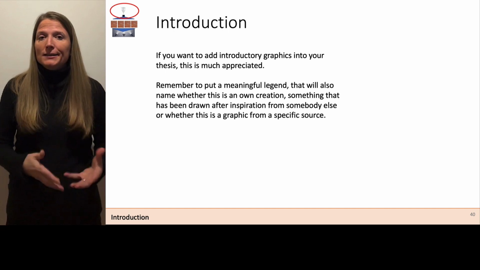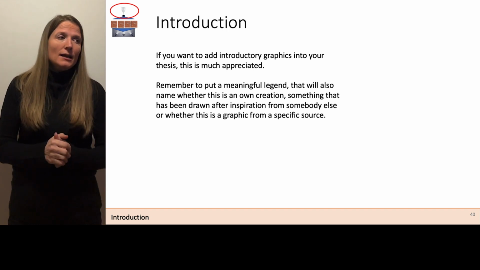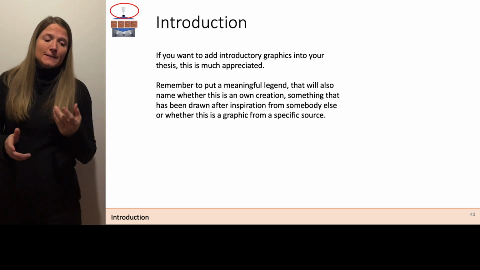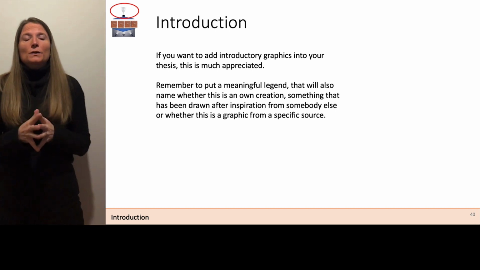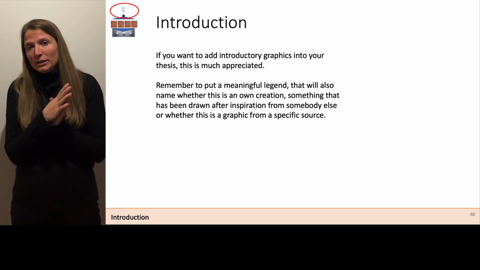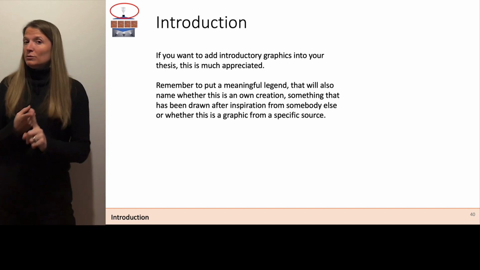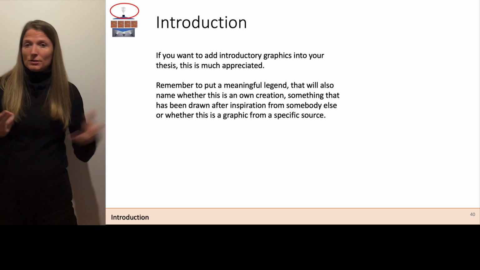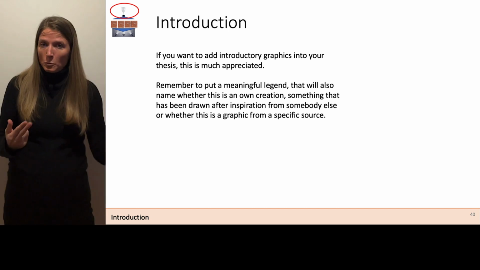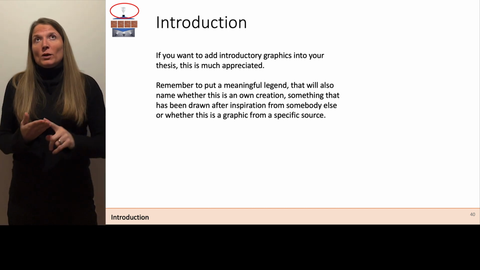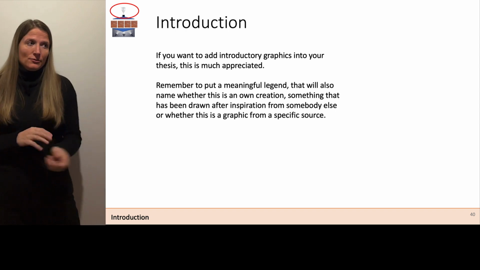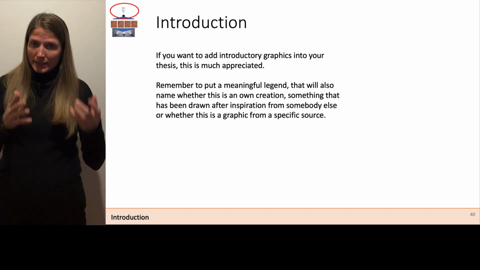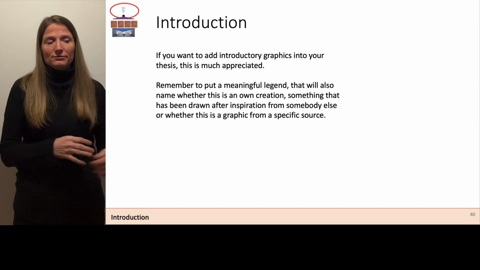Clearly show me the important points. And if you do this, remember to put a meaningful legend that also indicates whether this is your own creation, or a drawing you added after inspiration from somewhere else, or whether this is taken directly from a specific source, like a paper, in which case it has to be referenced.